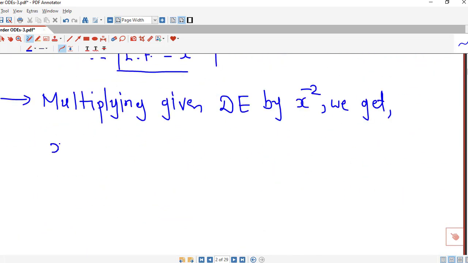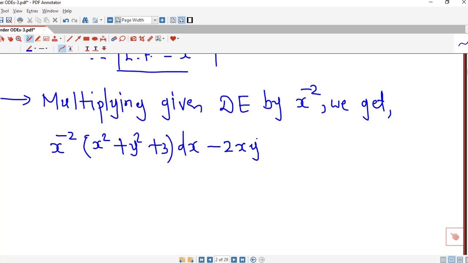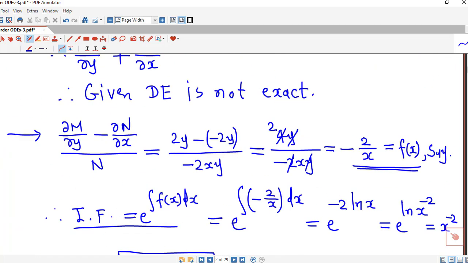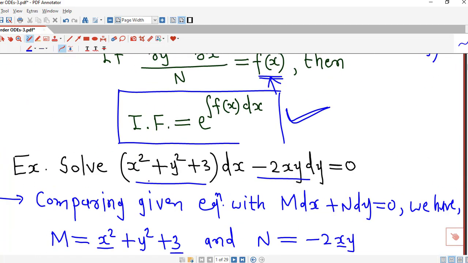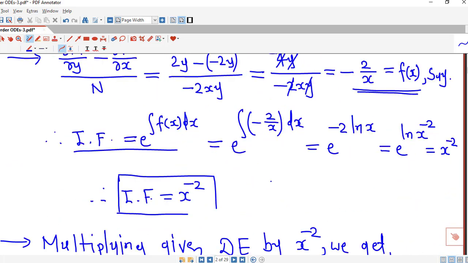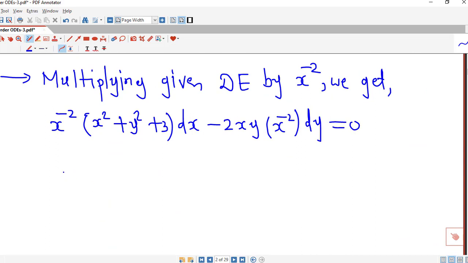So we write one more step. We multiply x square plus y square plus 3 dx with x raised to minus 2, and we have minus 2xy, that also is multiplied with x raised to minus 2. So now we simplify, we take x raised to minus 2 inside the bracket.